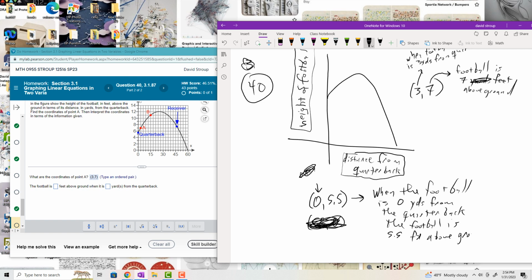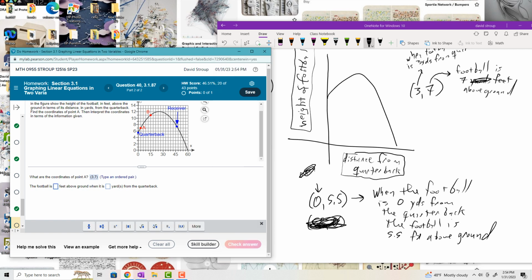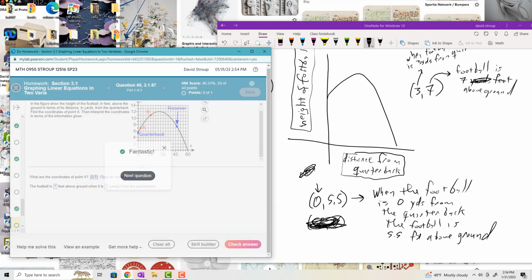Because a quarterback would have the football about 5.5 feet above the ground when he throws it. Okay, so anyways, in this problem, at point A the football is 7 feet above the ground when it's 3 yards from the quarterback.